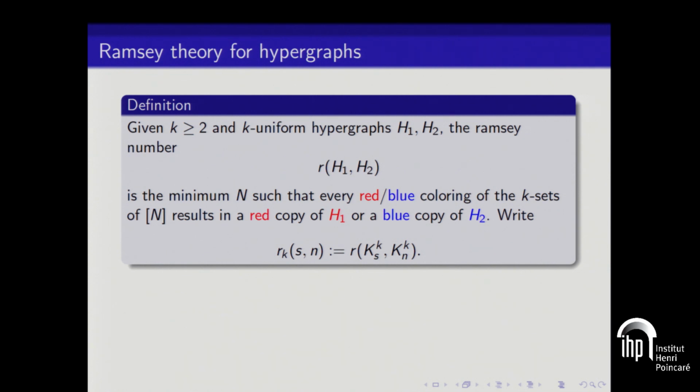When H1 is the complete k-uniform hypergraph on s points, that's s points, all s choose k sets, and H2 is the same with little n, then for simplicity, I will write R_k(s, n). Okay, so we have a big graph. That's capital N, and we're trying to find a red s or a blue little n.